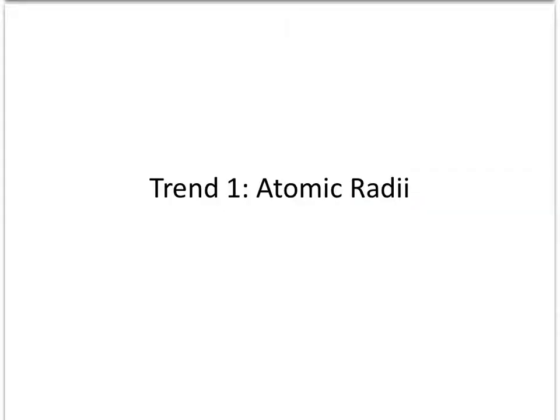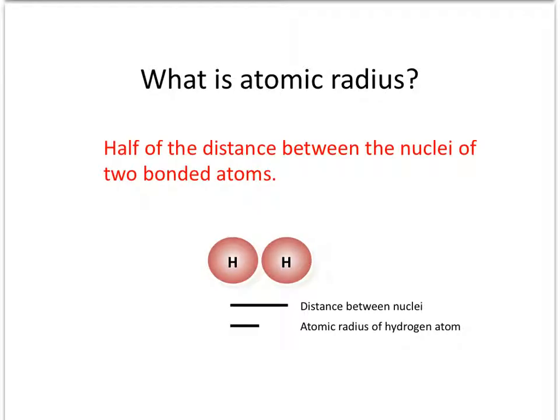Our first property is called atomic radius. Atomic radius is basically the size of an atom. It is defined as half of the distance between the nuclei of two bonded atoms. So if we take a look at the example below, you see hydrogen. We know that the nuclei is a dense region in the center, and we've got pretty good instrumentation to give us an understanding of where the center of that is.